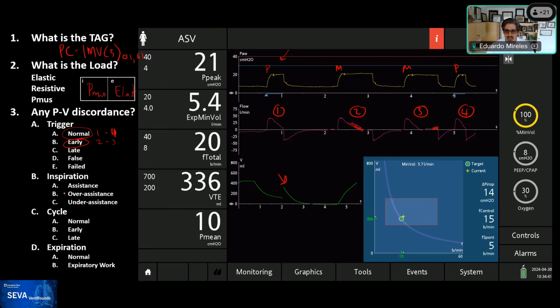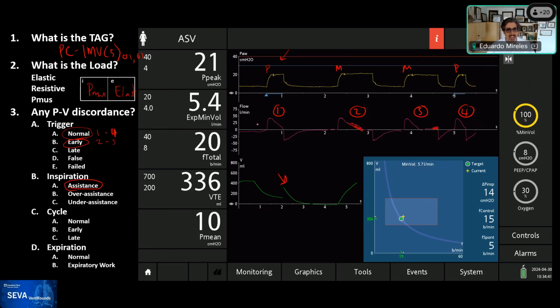In general, because you see the presence of activity of the PMOS, but you don't see the pressure going underneath, and then you see a couple of extra breaths over here, I would say this is probably assistance, and I cannot make much more conclusions out of that. So I would call it assistance just for these 2 breaths, the 1st and the 4th.